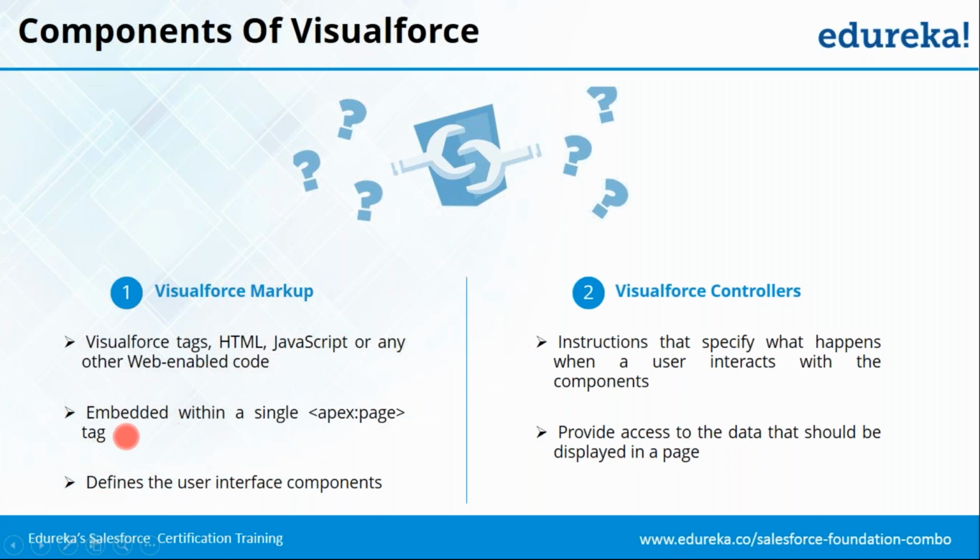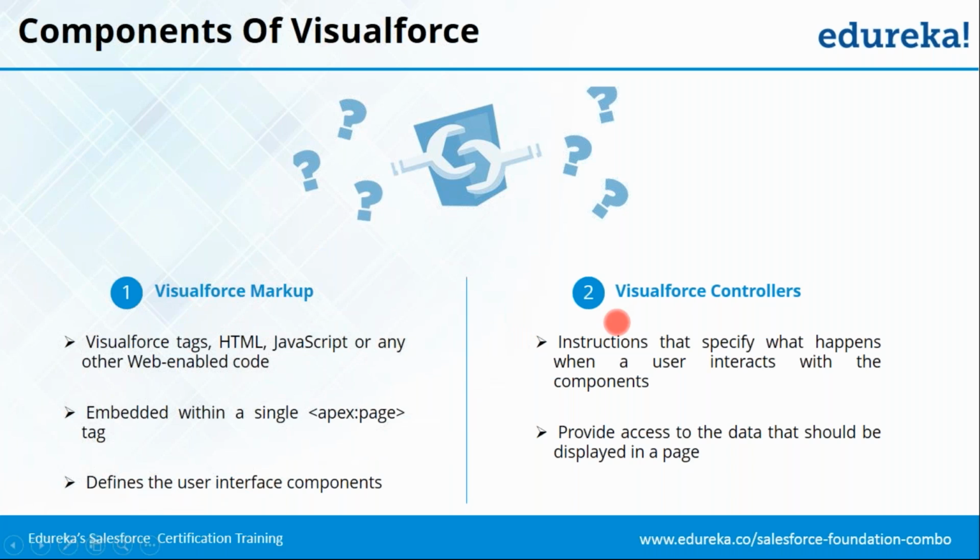All these things are embedded within the single Apex page tag. Whatever contacts I'm defining, whatever rules I'm defining, all those things make up my markup. It defines the user interface components, as it's said here.